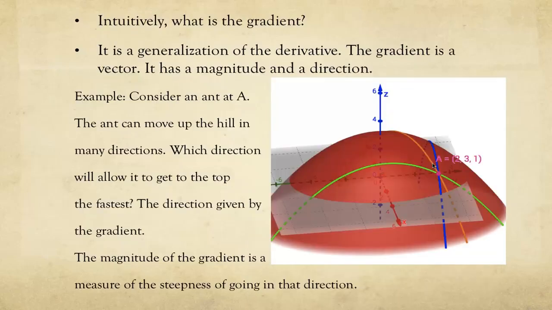As a quick example of why this is useful, suppose you were writing a game, a physics engine or something, and the game is a game of golf. Suppose a player hits the golf ball and the ball bounces around, eventually landing on some hill, and once it stops, the ball has to roll in some direction. Which direction should it roll? It's not going to roll in the gradient direction because that's going uphill.